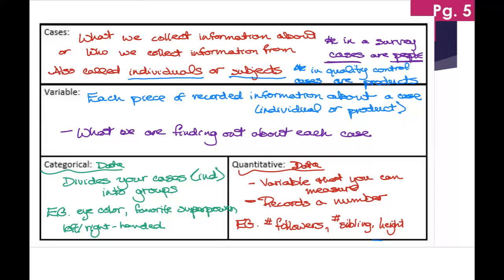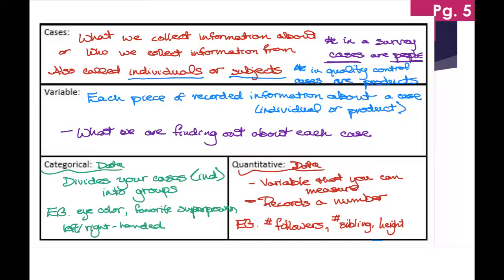Maybe you're a bottling manufacturer, so the different cases would be like the Tide bottle versus the Gain bottle. Variables, each piece of recorded information about a case, which remember is an individual or product, and what we are finding out about each case.